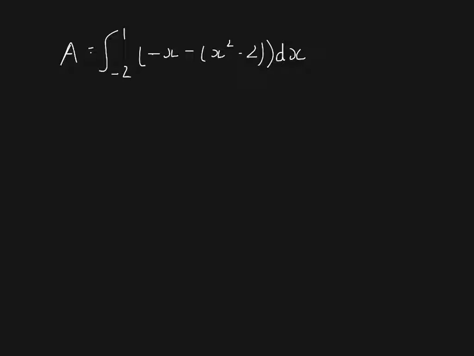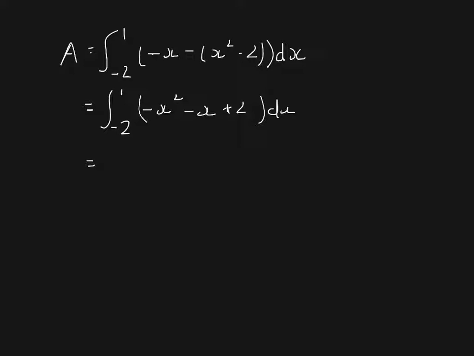So the easiest thing to do is for us to just get rid of all these brackets inside my integrand. So I have minus x squared minus x plus 2, and all of this is being integrated in terms of x.